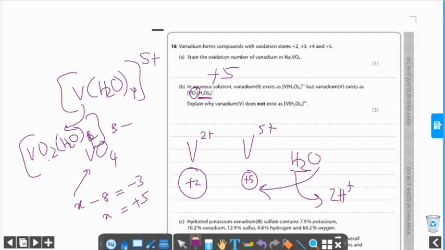Why? Because vanadium +5 has a very strong polarizing power due to its smaller size and greater charge. So it has polarized two water molecules, resulting in the water molecules losing H+ ions. So first mention that vanadium +5 has a greater polarizing power due to its smaller size and greater charge.